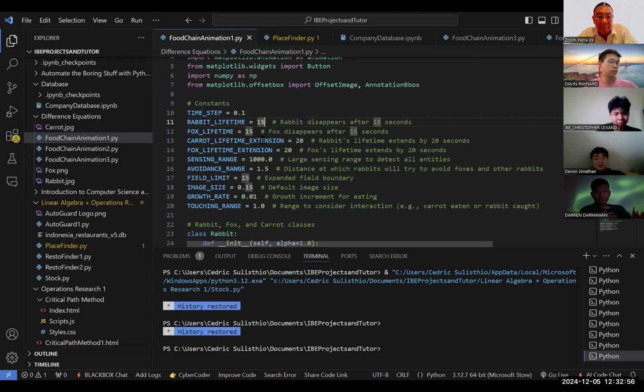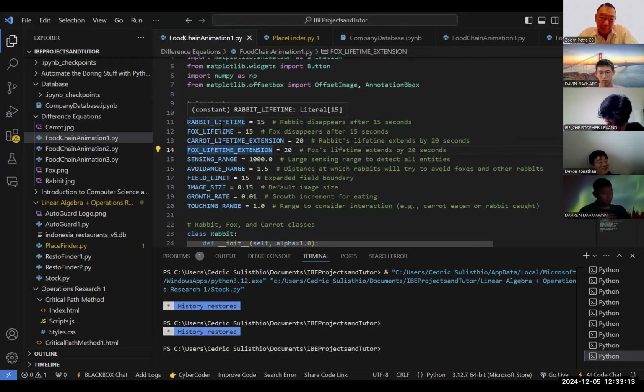Carrot lifetime extension means that every time a rabbit successfully eats a carrot, it will extend its life by 20 seconds. Fox lifetime: when a fox successfully eats a rabbit, you can adjust the lifetime.